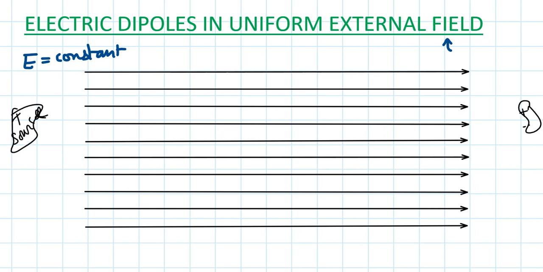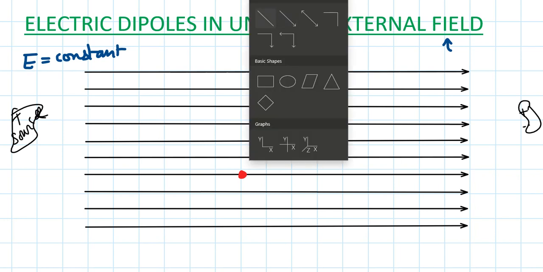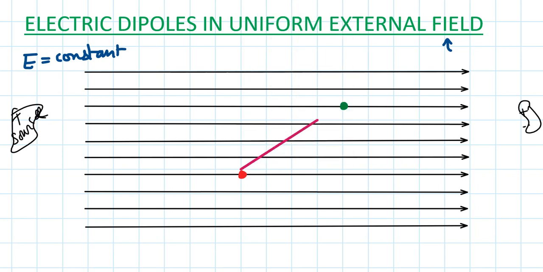All we care about in this situation is an electric dipole. So what was an electric dipole? Your electric dipole was a positive charge and a negative charge separated by a finite distance, like this.